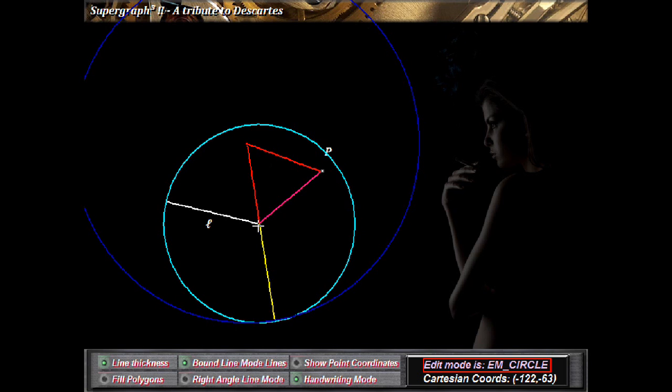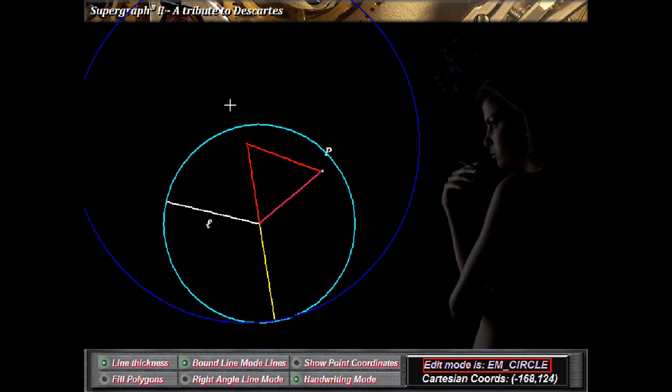Now, since this length is the same as this length, if I draw from here to here, these two things, since they're from the center of a circle, will be of the same radius, and this part of each will be the same.